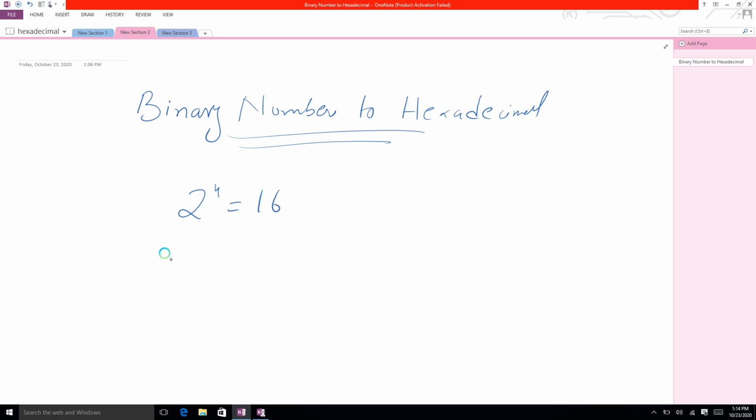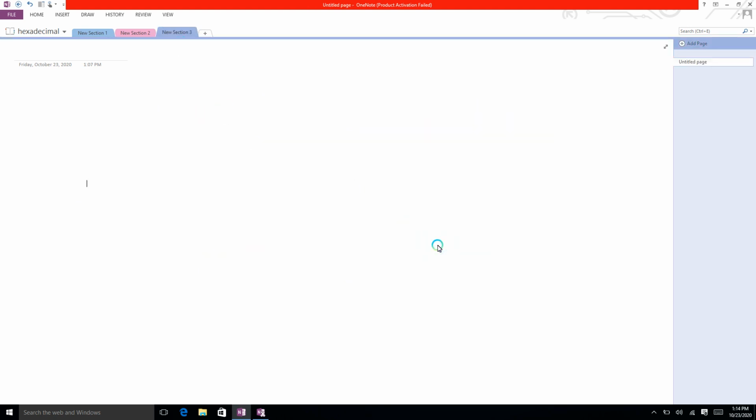This means 4 bits of binary is equal to 1 hexa. You need to remember that 4 bits of binary is equal to 1 hexa. With this concept, we are going to convert a simple binary number into the hexadecimal number system.